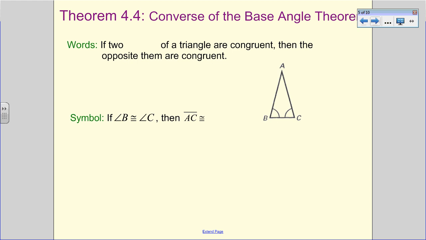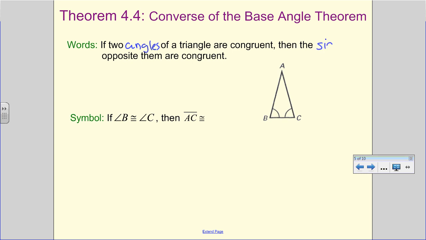All right, now we're going to go back and talk about the converse of the base angles theorem. Remember, we talked about converses a little bit, where you switch your if and your then. So if two angles of a triangle are congruent, then the sides opposite them are congruent.